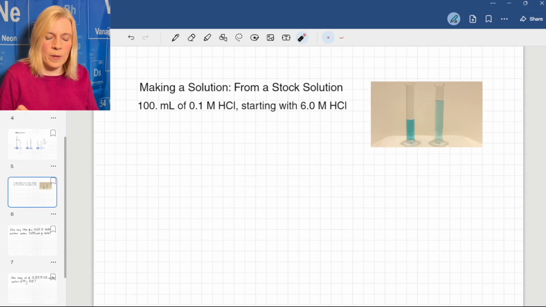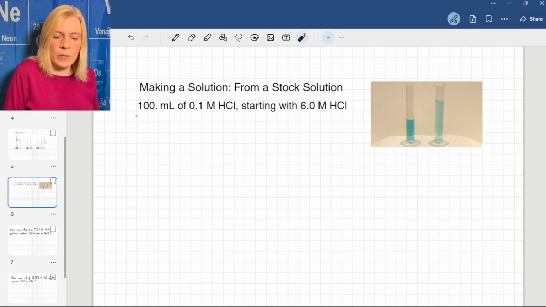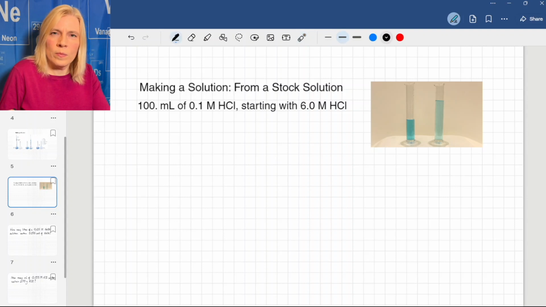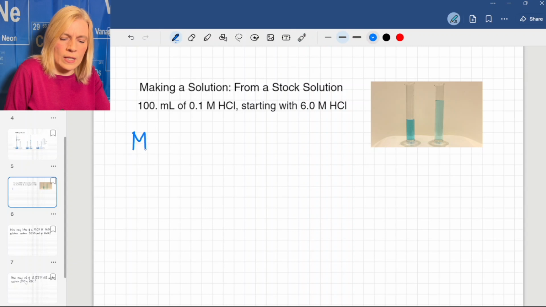So let's go to this problem. We have a stock solution, a 6 molar hydrochloric acid, and we want to make 100 milliliters of 0.1 molar. Okay, let's go through this really, really fast. We need to calculate what's the volume of our stock solution that we need to take out. Do you remember how we figure out the volume? Molarity equals moles per liter.